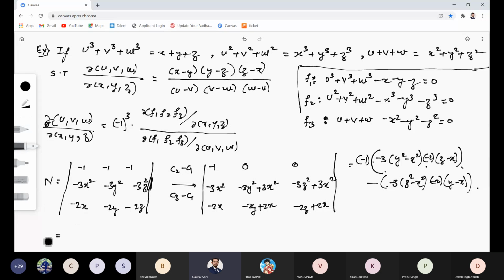So this is equal to minus 1 outside, in bracket we'll have 6 y square minus x square into z minus x, minus 6 z square minus x square y minus x.